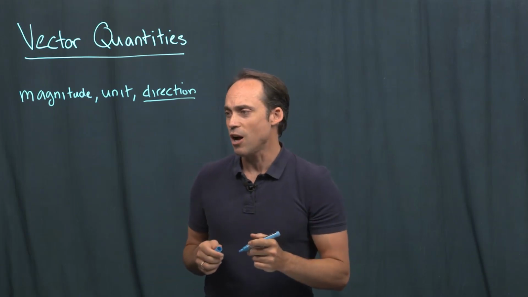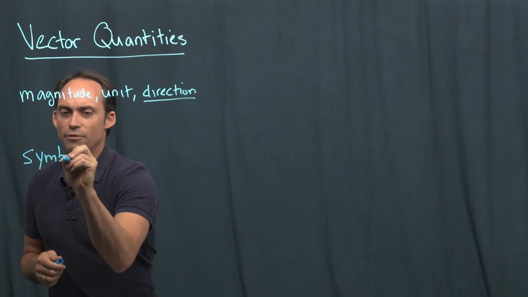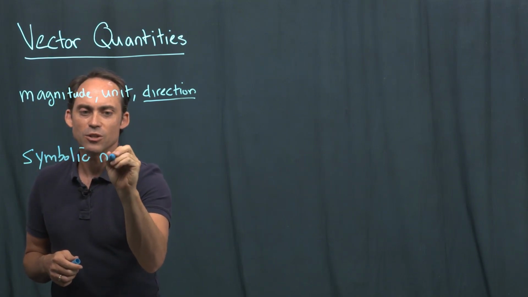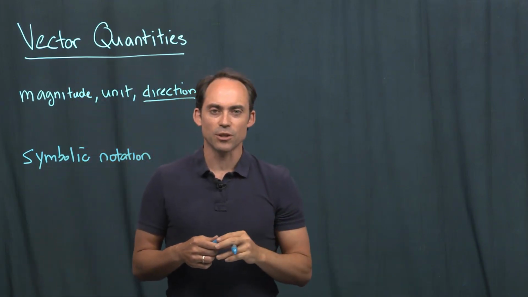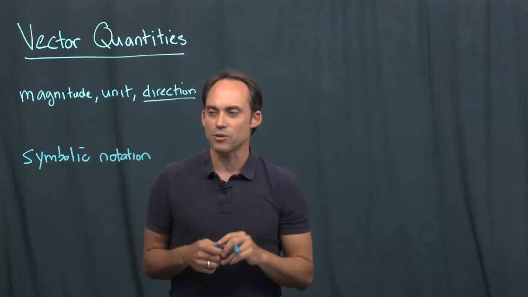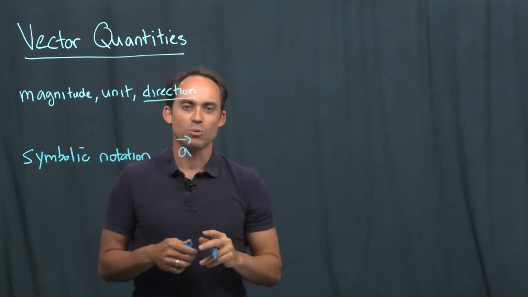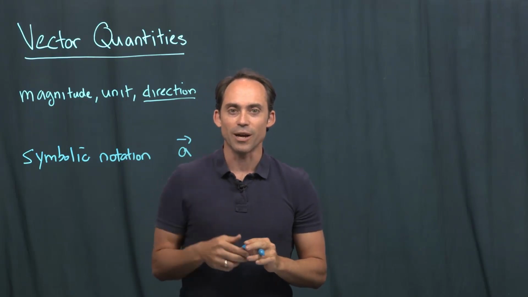Just to start off, when we write down vector quantities, you will often see a symbolic notation to differentiate these particular kinds of quantities from scalars. The way we'll write down vectors is we'll literally just put a little arrow above the little symbol that represents something.